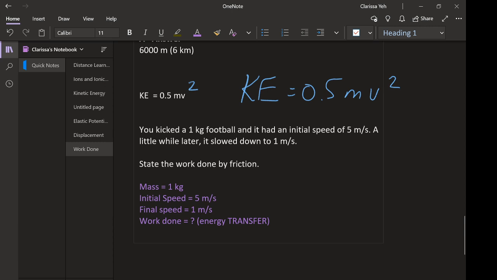So if you have a smaller v, which is your speed, you're going to have smaller kinetic energy. The mass of the football stayed the same, so the only thing that changed was v, but still that meant that because the football slowed down, it lost kinetic energy.